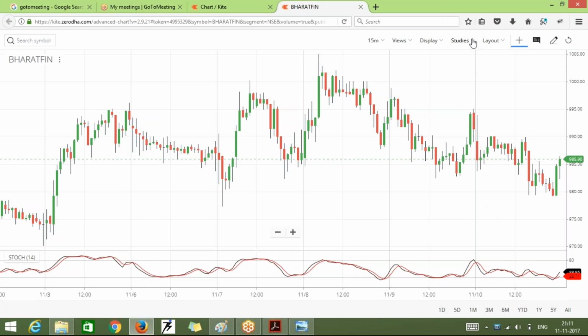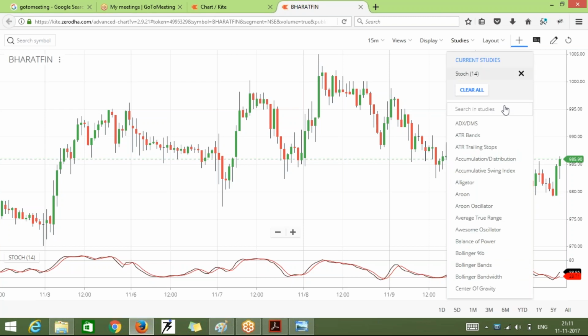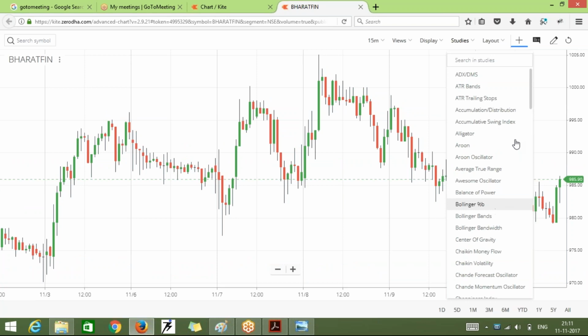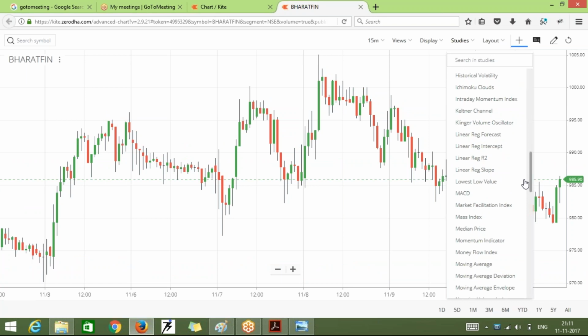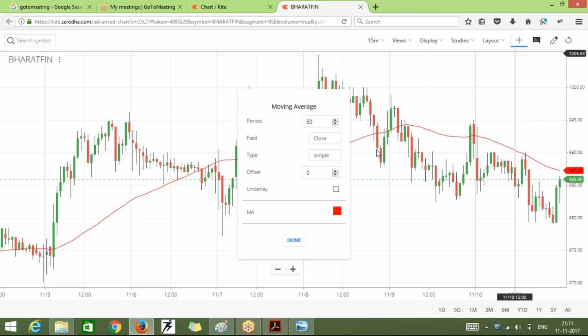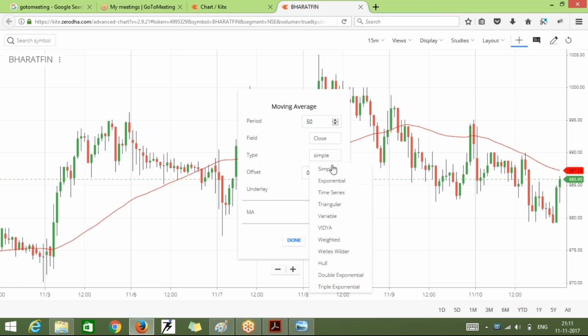Here in the studies itself, you will be finding moving average. Here in moving average, it's already being plotted. It's taken a 50 days SMA. So let's consider 50-day as rate 1. Here it's a simple moving average. You can change it to exponential moving average.